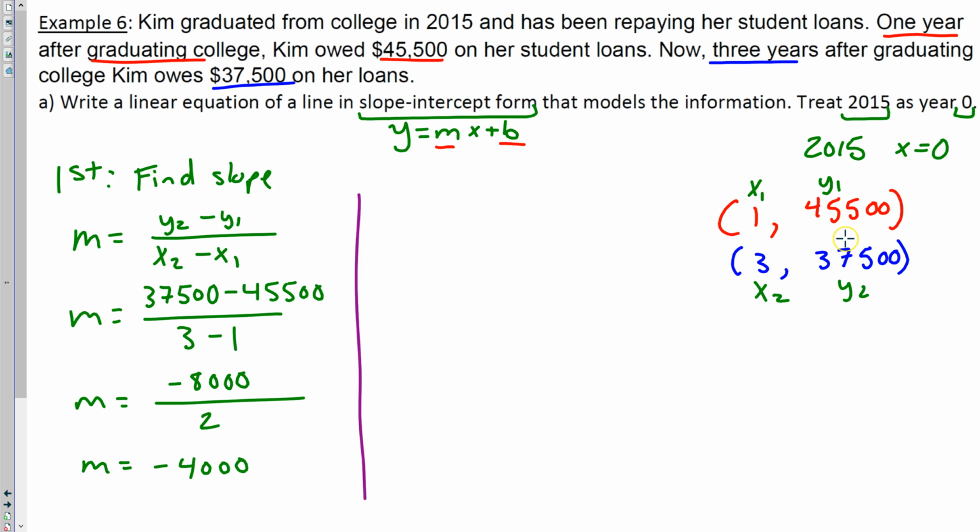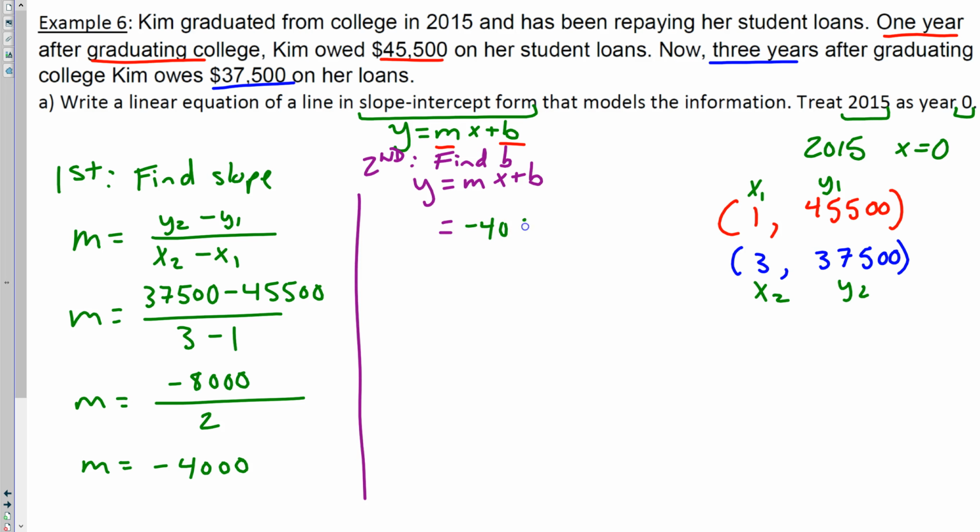The trick, if you do go down that route, is that here I need to find b, that's what I'm looking for. We're going to replace our slope number, so that was a negative 4,000, and I'm going to pick one of my 2 points, it doesn't matter which one, to serve as temporary placeholders for the x and for the y.